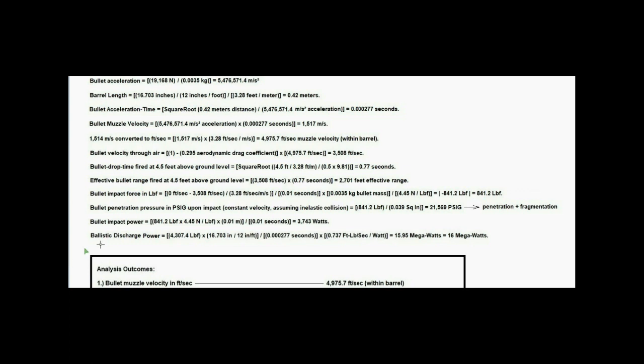So we can take this large foot-pounds per second mechanical power value and multiply it times 0.737, and the ballistic discharge power, or the power accelerating the round in the barrel, is approximately 16 million watts, or 16 megawatts, hence high-powered rifle.